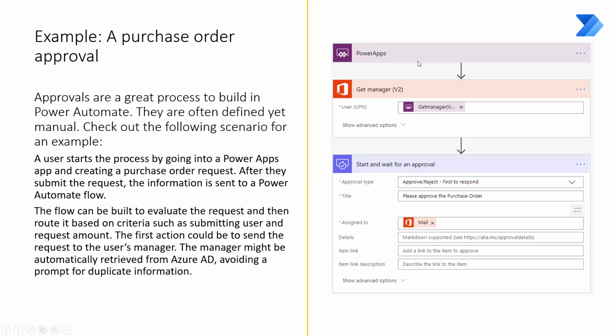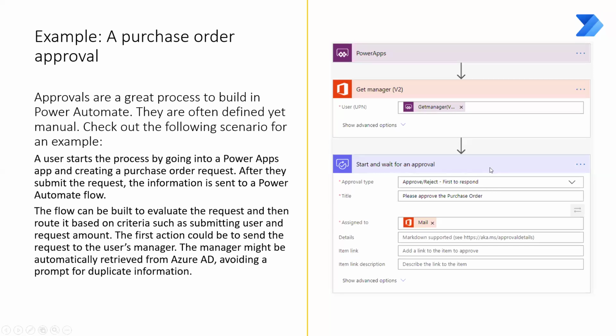You will be able to add these steps. From Power Apps, fetch the details, which would give the manager's information from whom the approval needs to be initiated. Then you can start and wait for an approval that is assigned through a mail, approve or reject, whichever is the first to respond.